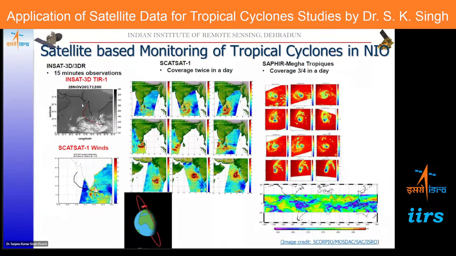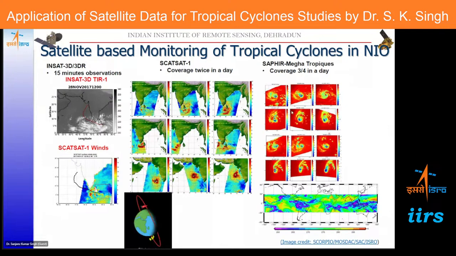So India has many meteorological satellites, such as INSAT-3D, 3DR, SCATSat, and Megha-Tropiques. These satellites have been utilized for tropical cyclone activity. SCATSat-1 is a polar satellite, so it provides observations twice a day over the Indian region.